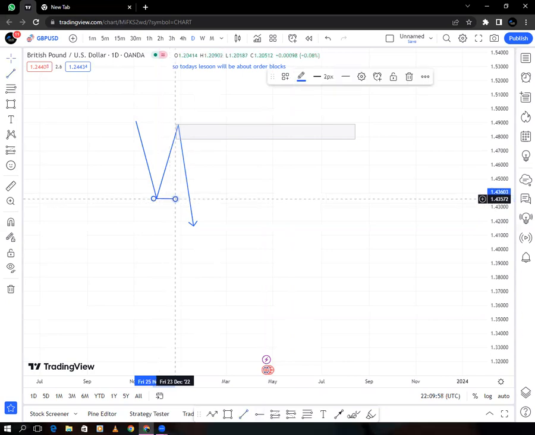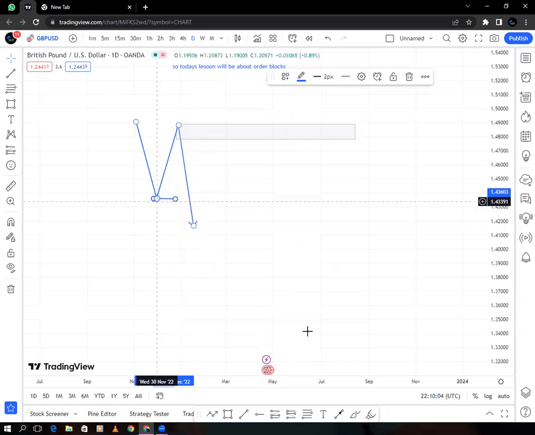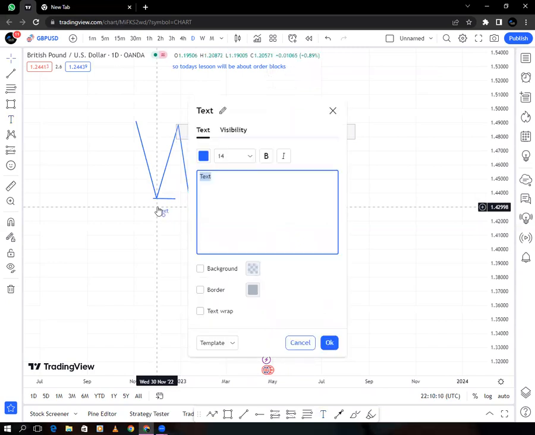This is my low. Let me also name it break of structure.